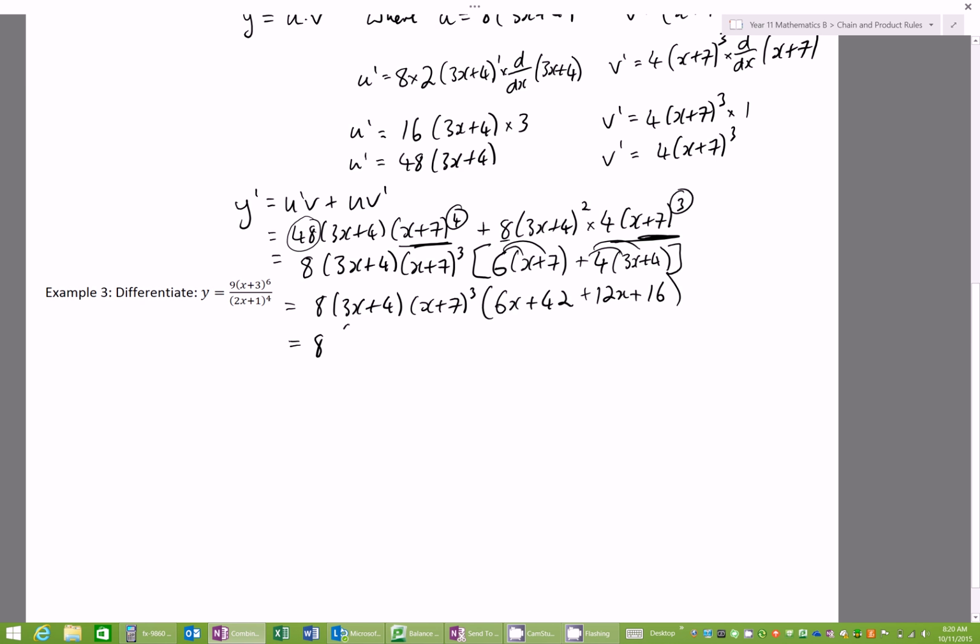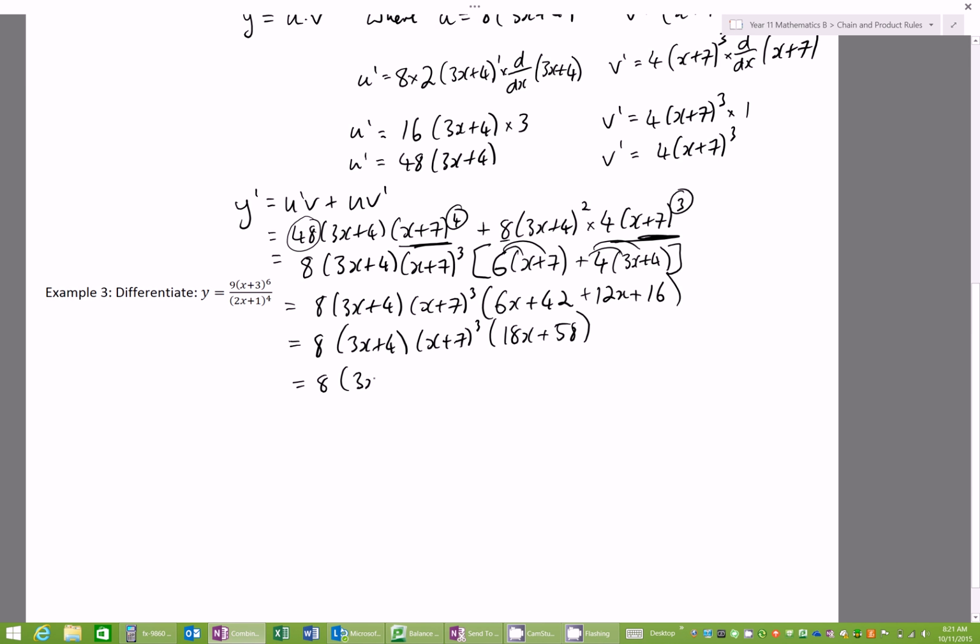And hopefully I can just write this as a whole heap of factors. Okay, 6x plus 12x will be 18x, and 42 plus 16 will be 58. That's basically done as it is.